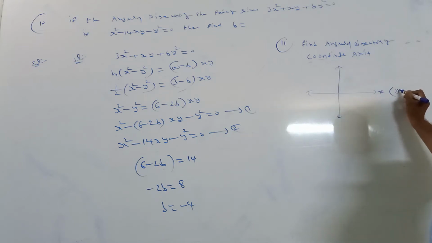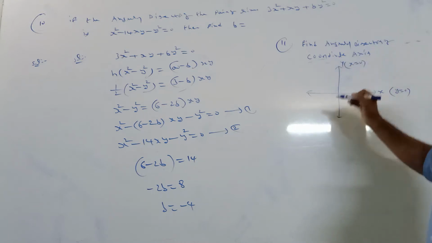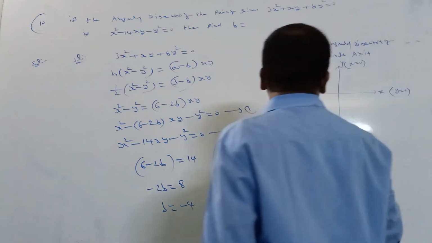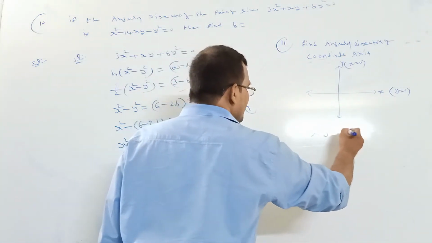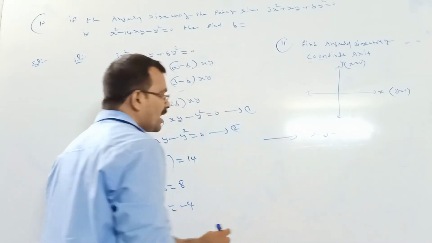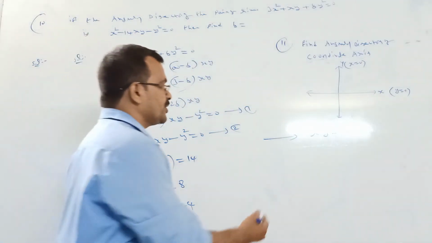The equation of the x axis is y equal to 0. The equation of the y axis is x equal to 0. The combined equation of the coordinate axes is xy equal to 0. So the product equation of the coordinate axes is xy equal to 0.